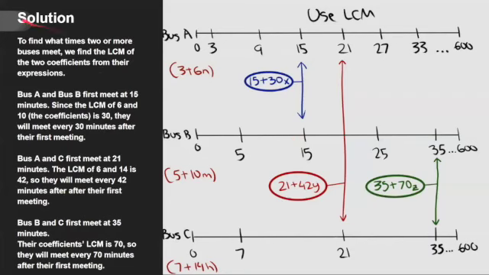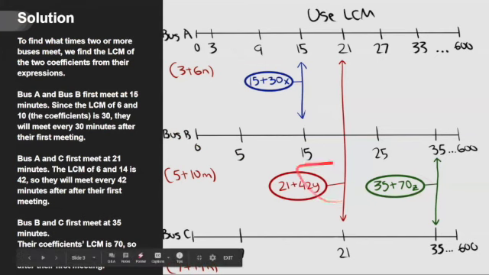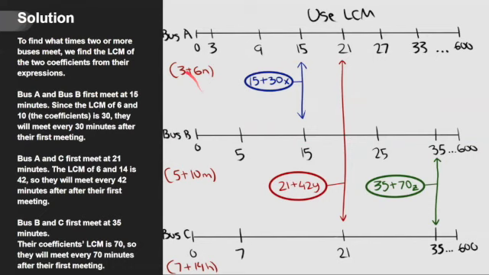Okay, so the solution to this problem is to find what times two or more buses are going to meet at X. We're going to have to find the LCM of the coefficients from their expressions. For bus A, the expression for the times that bus A stops at X is 3 plus 6n.